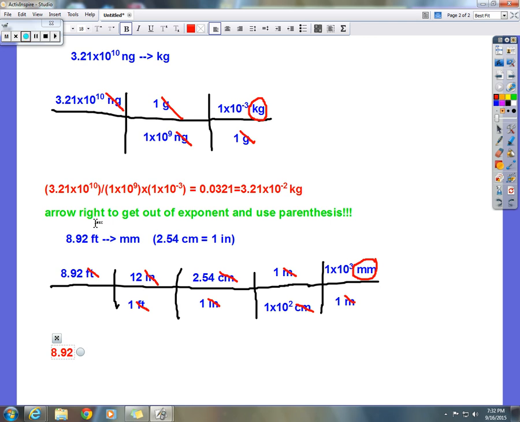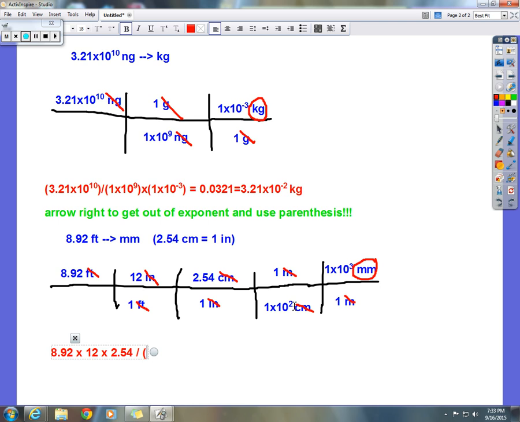I'm going to say multiplied, so times 12, because 12 inches is on the top, so I'm multiplying times 12 times 2.54, because that's also on the top. Okay, I've got 1 times 10 to the second on the bottom, so I'm going to say divide.